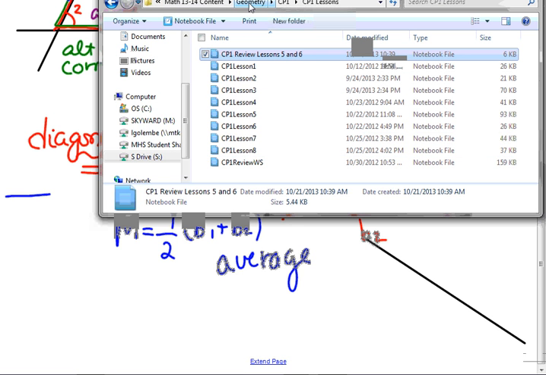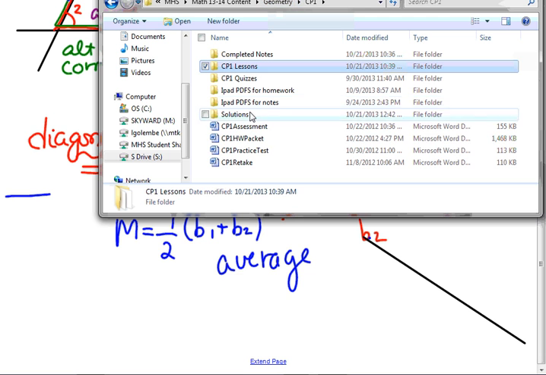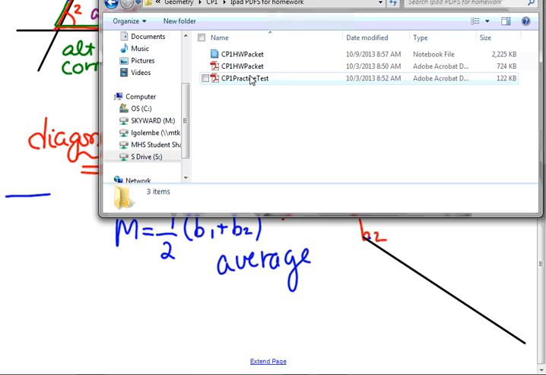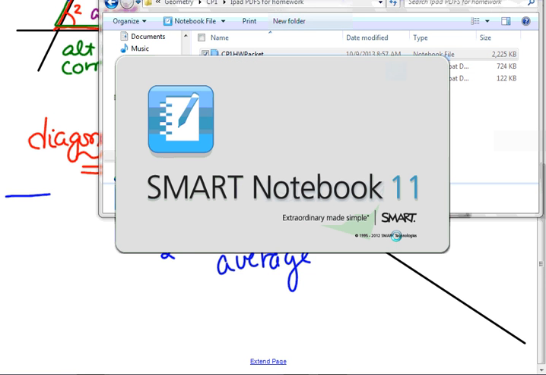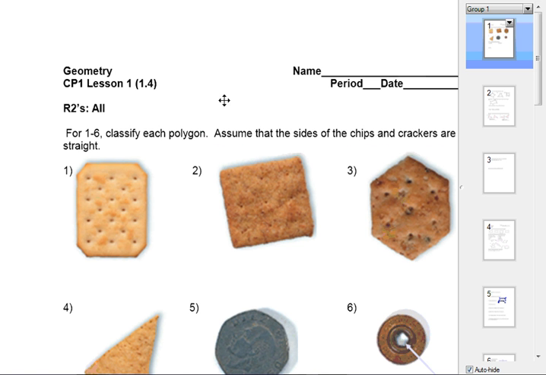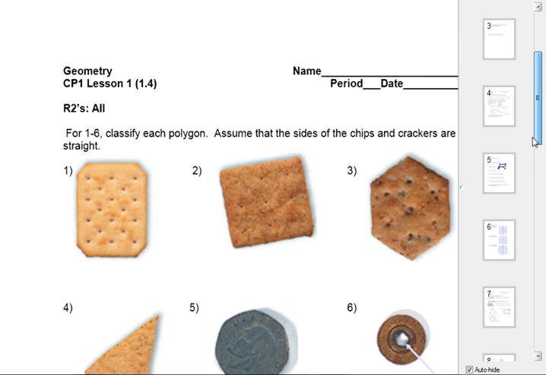Alternate interior angles. Good luck. As long as I get it back. Cabin problem.